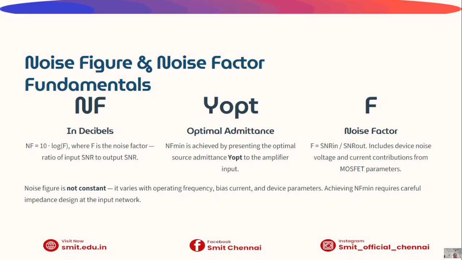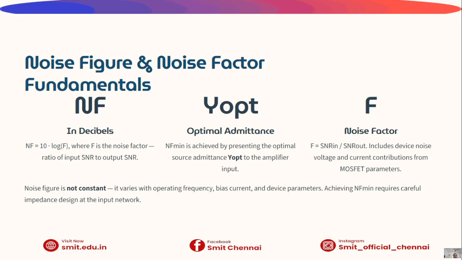Next, we see about the noise figure and noise factor fundamentals. Noise figure is one of the most important parameters in amplifier design. Noise factor is defined as the ratio of input signal to noise ratio to output signal to noise ratio. A noise factor greater than 1 indicates that the amplifier adds noise to the signal.